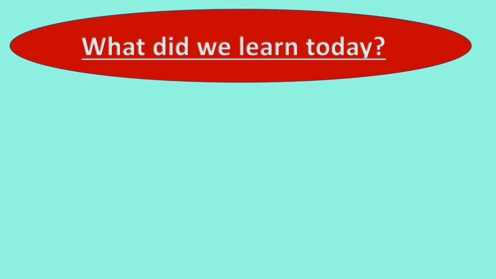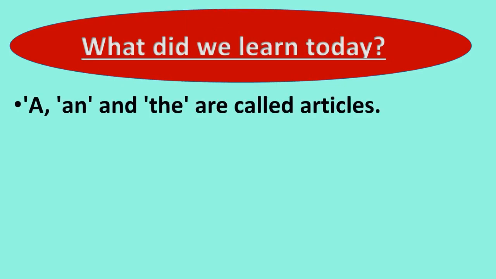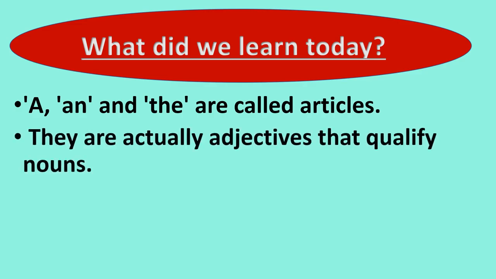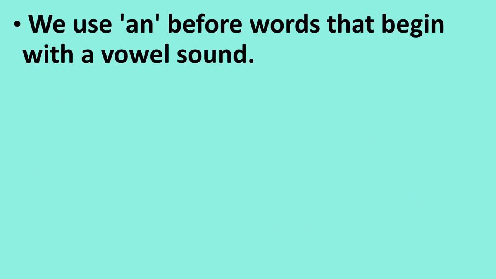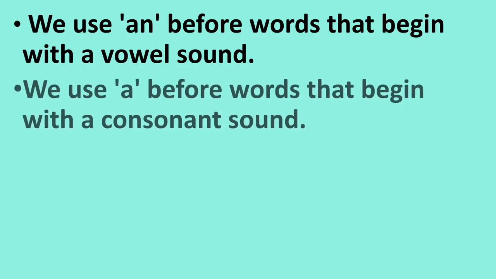So, what did we learn today? We learned that a, an, and the are called articles. They are actually adjectives that qualify nouns. The use of a or an depends on the opening sound of the word, not on the actual letter with which it begins. We use an before words that begin with a vowel sound. We use a before words that begin with a consonant sound.